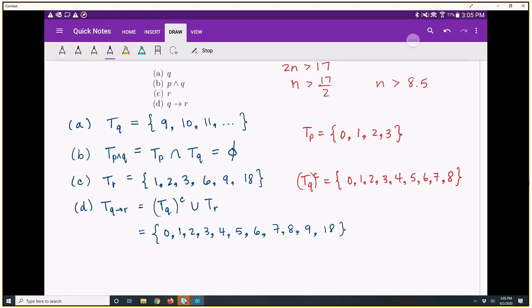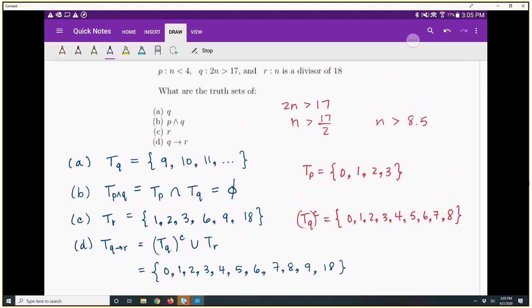And if we think about it, this makes sense because Q implies R is true when? Q implies R is true when Q is false, because false implies true is true, and false implies false is true. So those values are coming from this set.